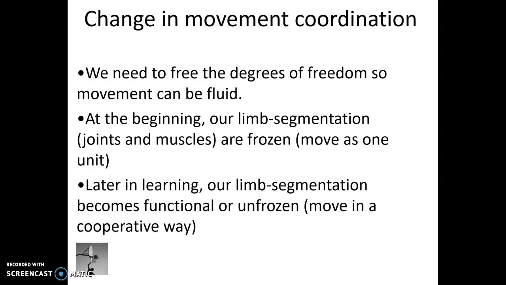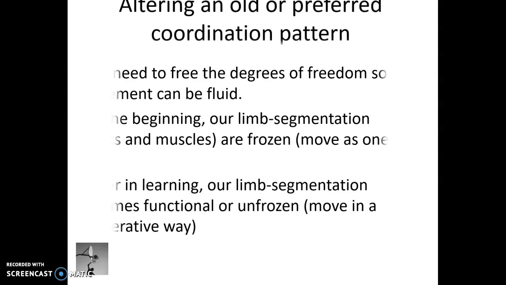What we'd say unfrozen. We tend to move in a cooperative way, a coordinated way. Again, that would be a visual observation, but you can definitely see a change in motor skill acquisition from a beginner to a novice as you look at movement coordination as it relates to degrees of freedom.